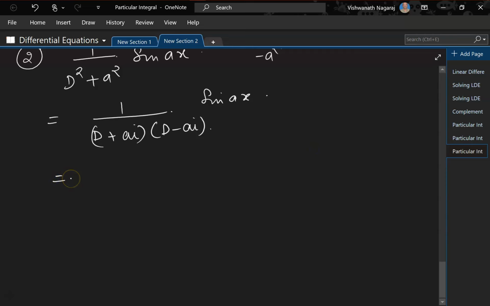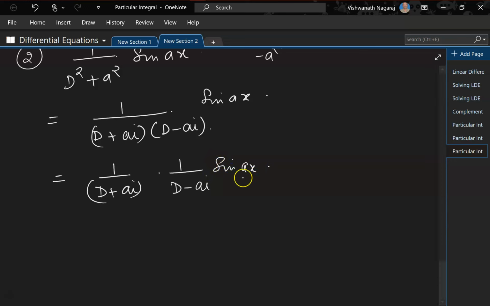Okay, now this can be written as 1 by (D plus ai), and we take this together, 1 by (D minus ai) sine ax. Or what we'll do is, since we are not very clear about this, we need to convert it into some other form which we are familiar with.